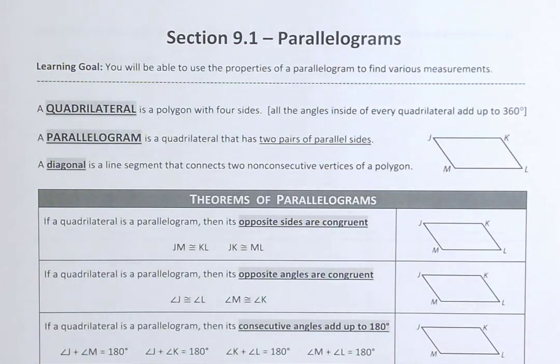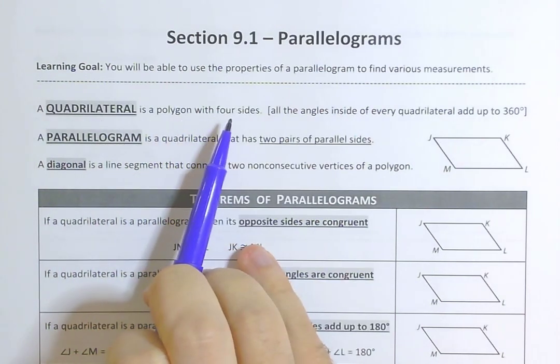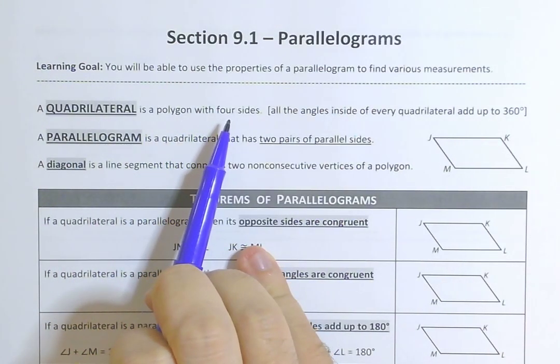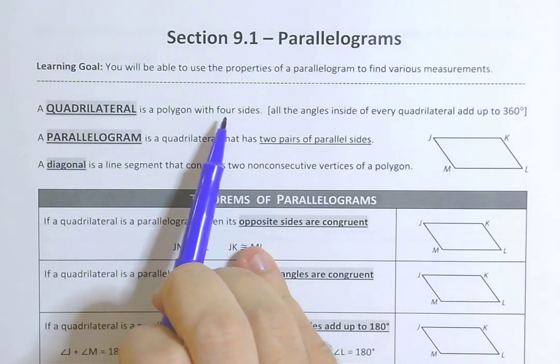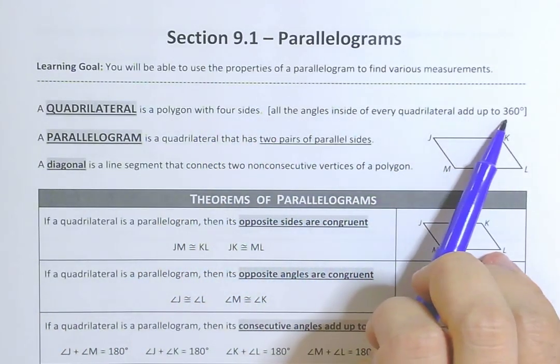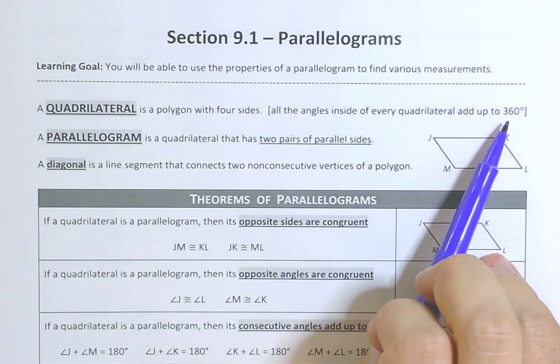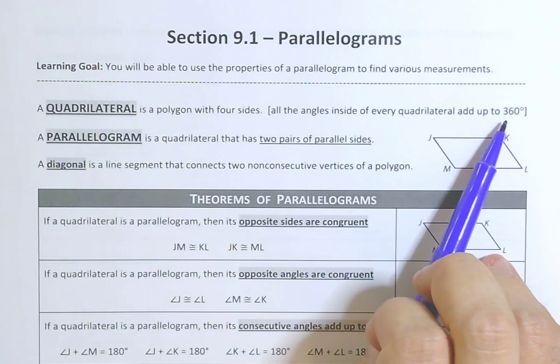Before I do that, as I've already said, a quadrilateral is a shape with four sides. I mention this again because I want to highlight that all the angles inside every quadrilateral are going to add up to 360 degrees. In triangles, all the angles add up to 180 degrees.